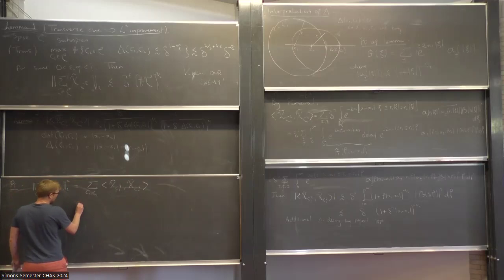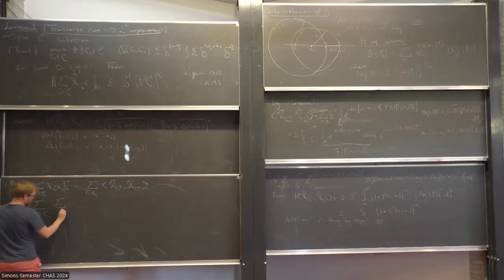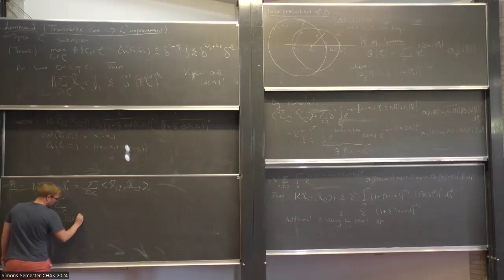Okay? So first of all, we're going to take a sum where we first sum over C1, and we're going to sum over C2, which form a tangent pair with C1. In particular, this delta product is less than delta to the 2 minus theta. Okay?